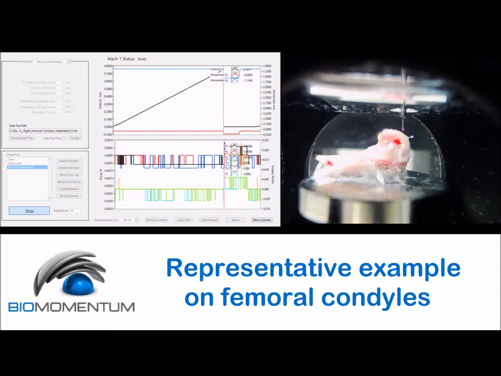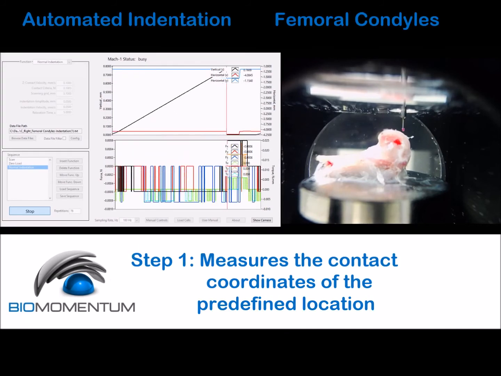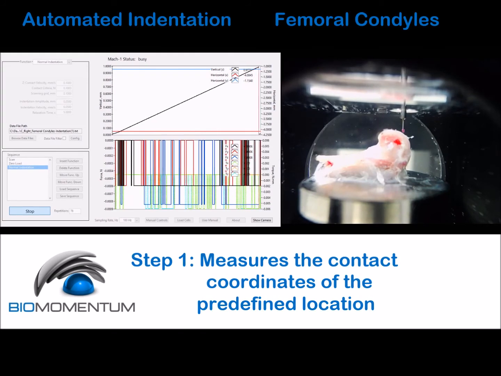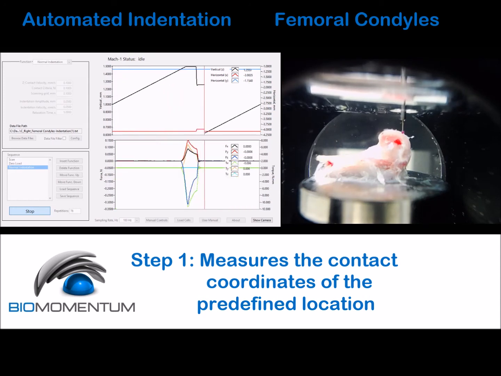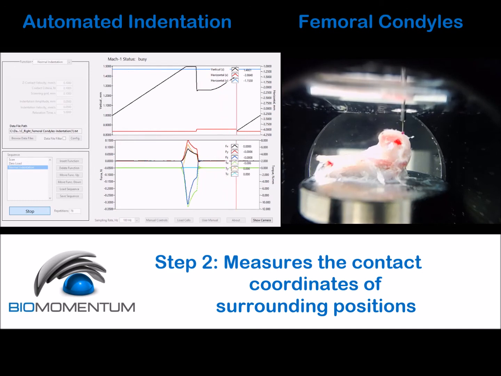A representative example of the automated indentation and thickness technique will be shown on the femoral condyles. The first step in the automated indentation technique is to measure the contact coordinates of the predefined location. Step 2 consists of measuring the contact coordinates of surrounding positions.